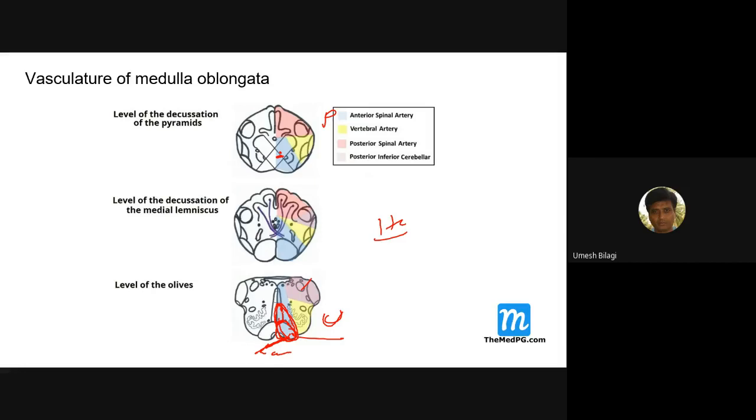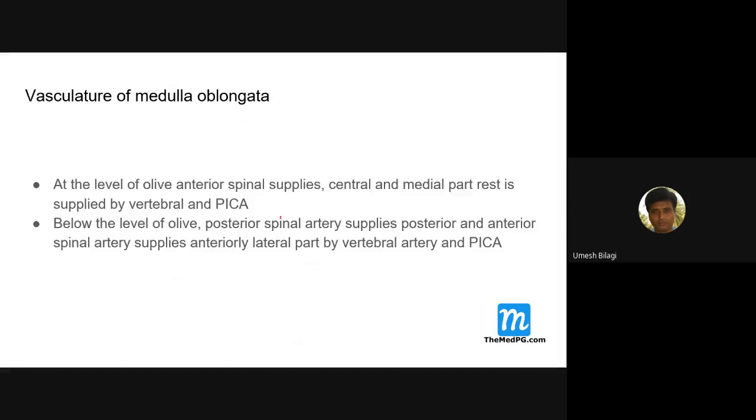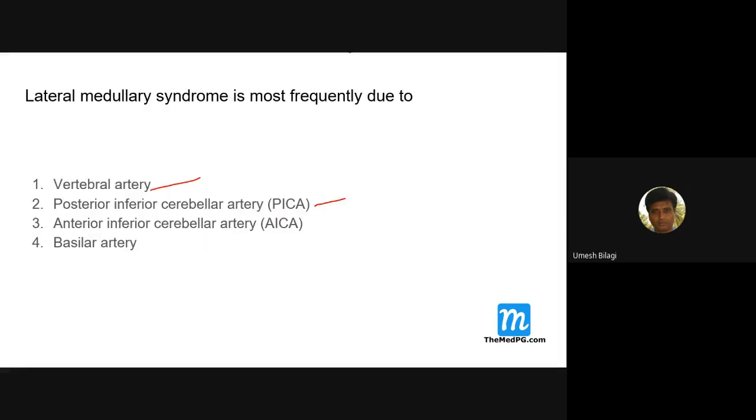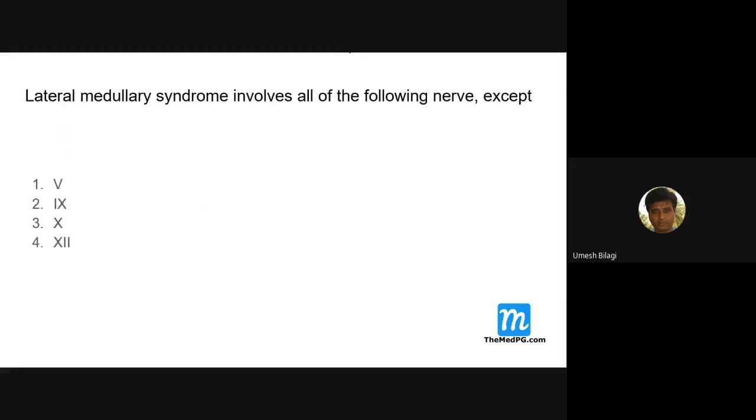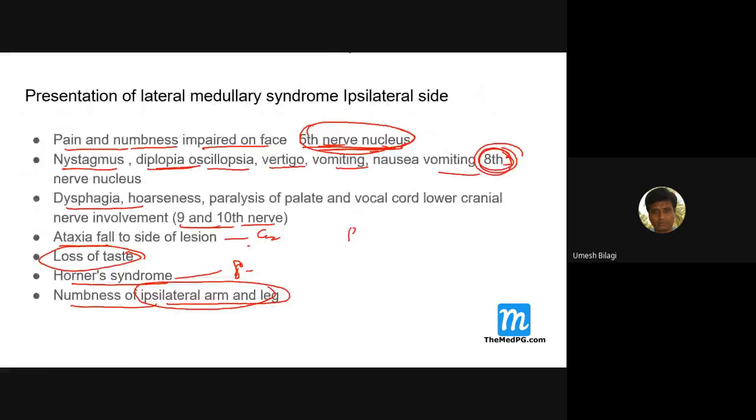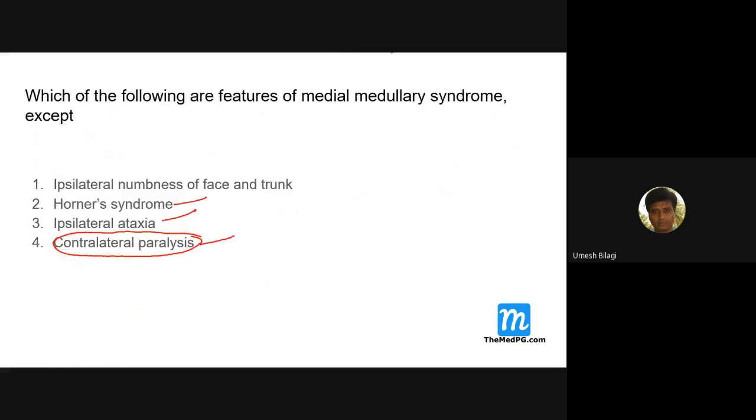And ipsilaterally, there could be numbness also because decussation starts here and it will not be complete. Ipsilaterally, there could be numbness for the face. But there is no ataxia.